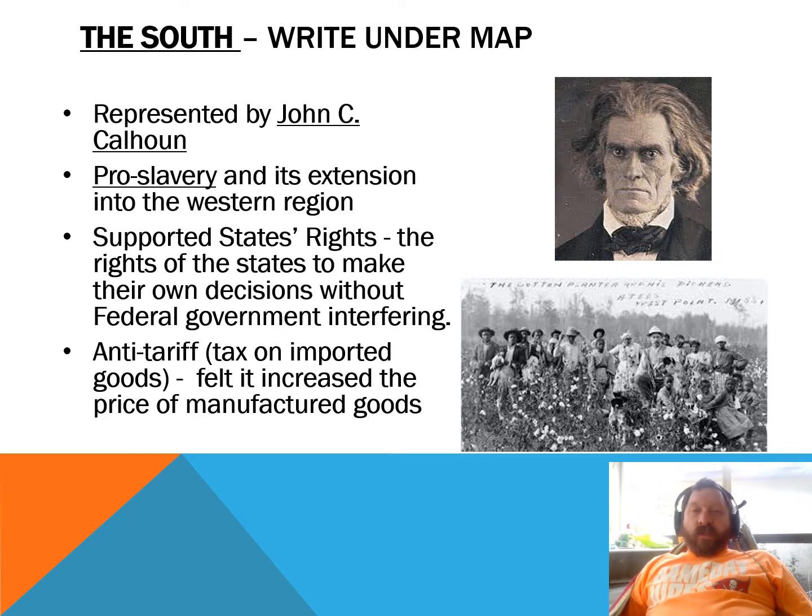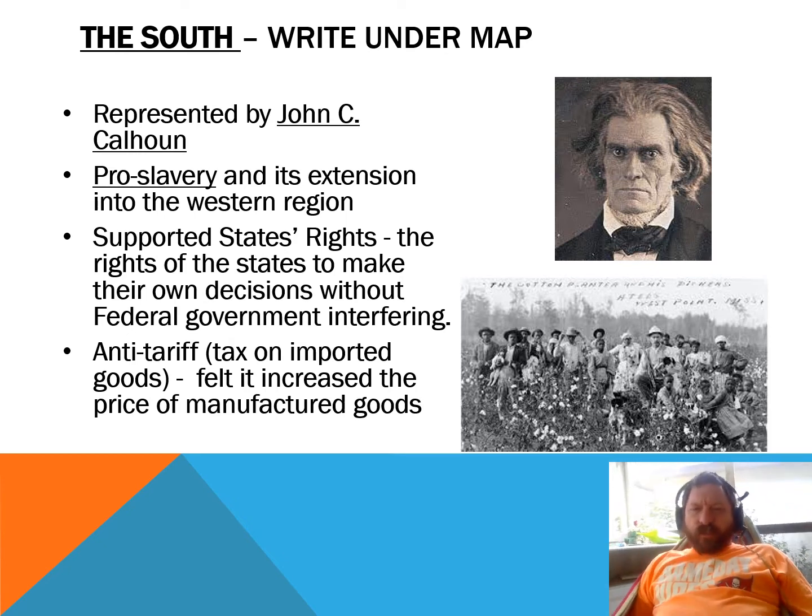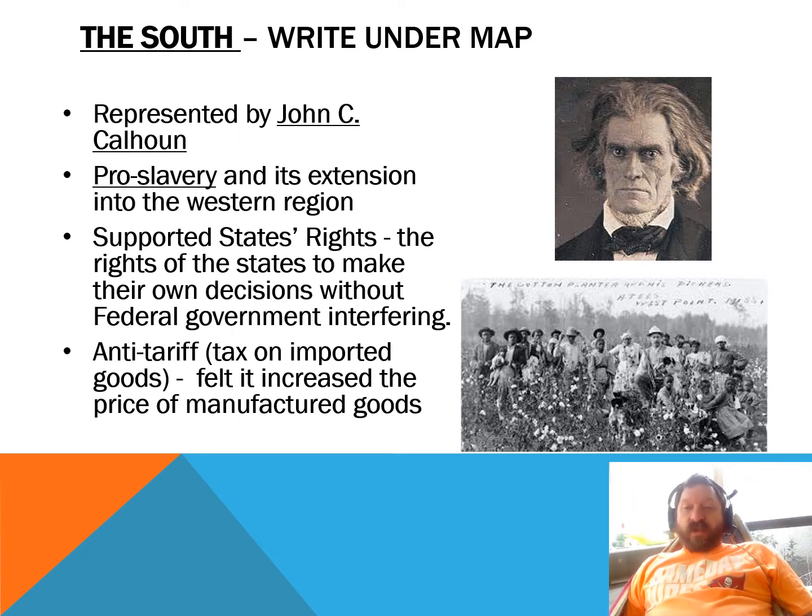The man pictured here on the right-hand side is Mr. John C. Calhoun. He would be the man who is a representative of Southern views, or the South region. He is definitely pro-slavery and its extension to the West.